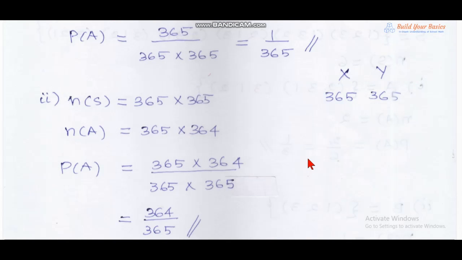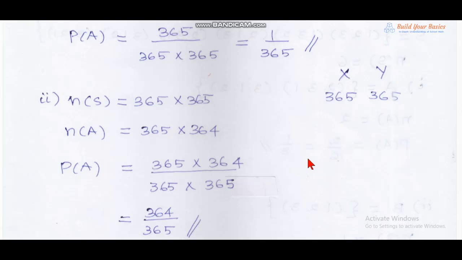Let me repeat. The birthday of X may occur on any one of those 365 days, but the birthday of Y must occur on any one of those 364 days, excluding the day on which the birthday of X falls.